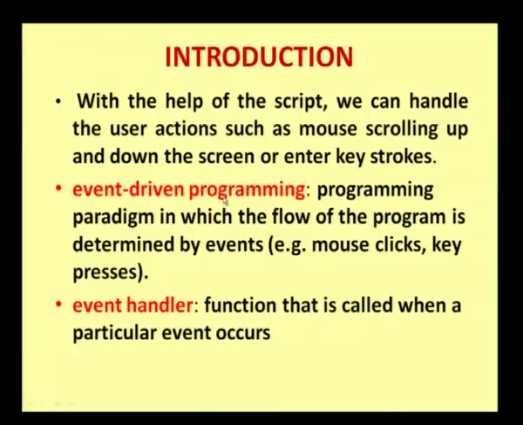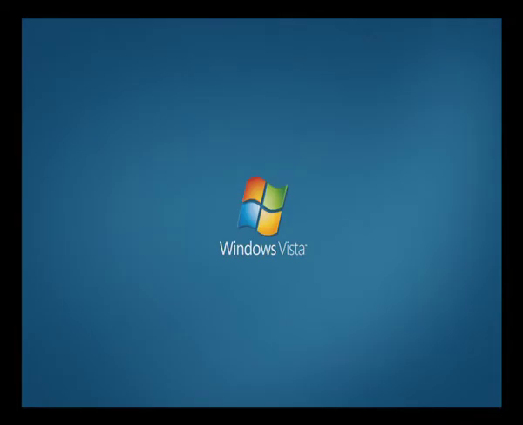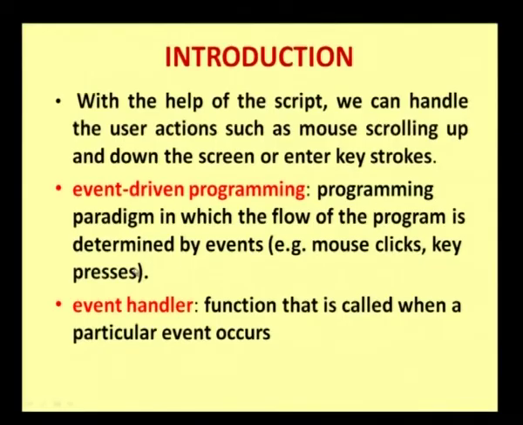Generally speaking, what is meant by event driven programming? Let us see. It is a programming paradigm in which the flow of the program is determined by events. There is a button present in the web page. When the user clicks on the button, what should happen? That is mouse clicks and key presses.